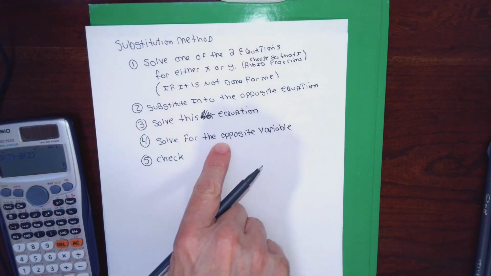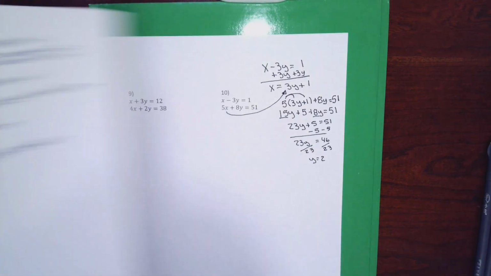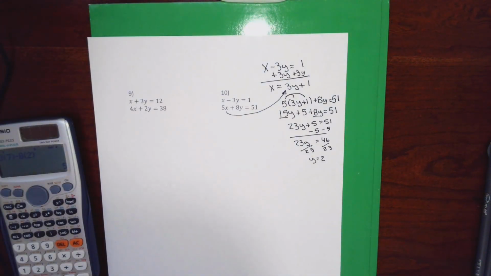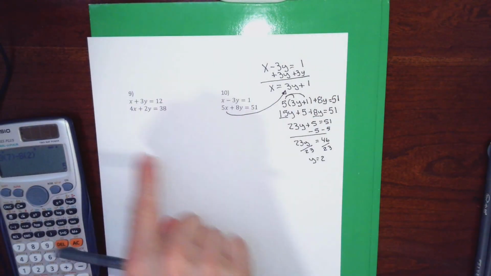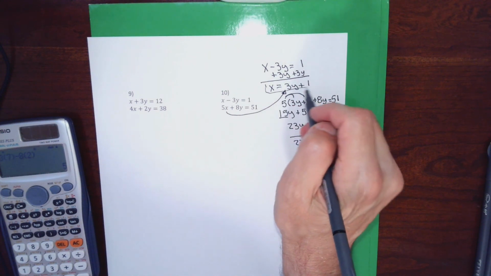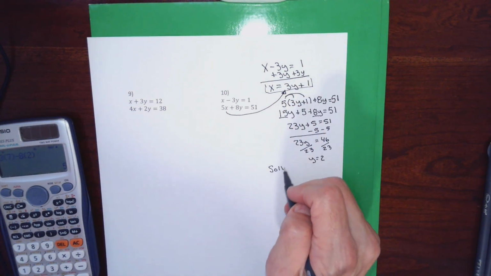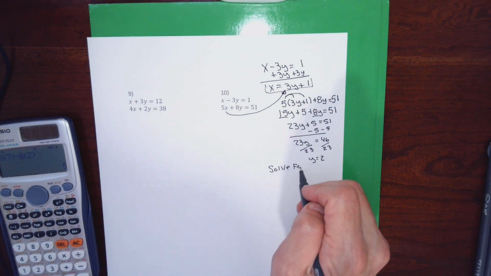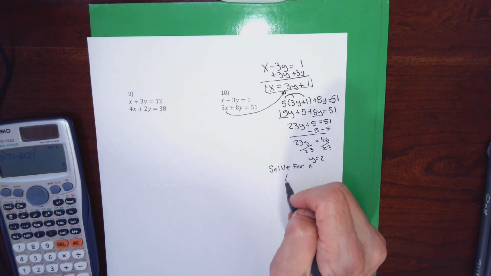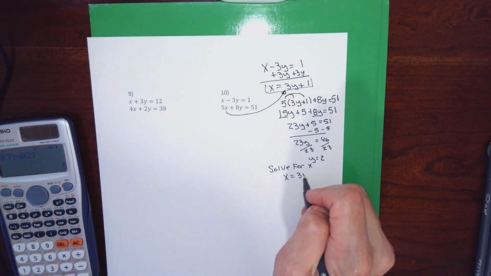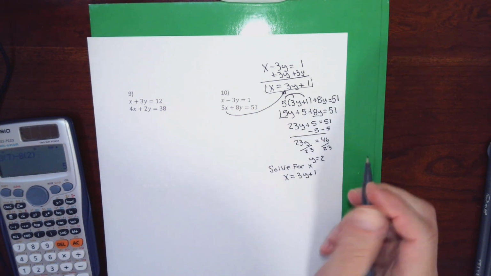Now I need to solve for the opposite variable. Here I have an answer for y. I need to get an answer for x. I can use any equation. This is the go-to equation here probably. It's the easiest one to solve for x. But any of the equations for this system are permissible.